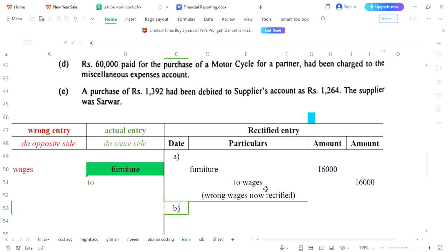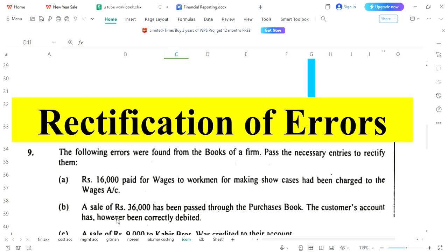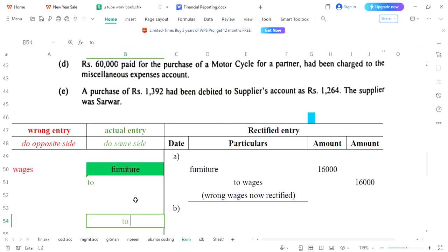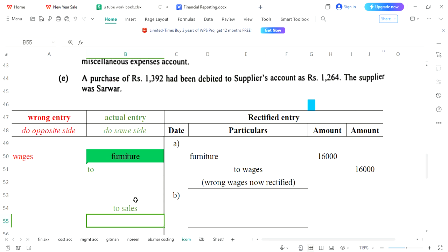Now the next entry is B, sale of rupees 36,000. Actually the entry is related to sale, and you know that sale would be written on the credit side. So in this rough line, what we have done is we have just written sale so that we can remember it.